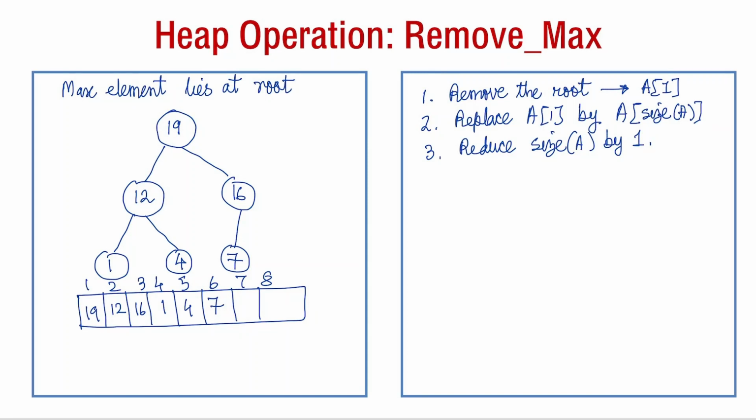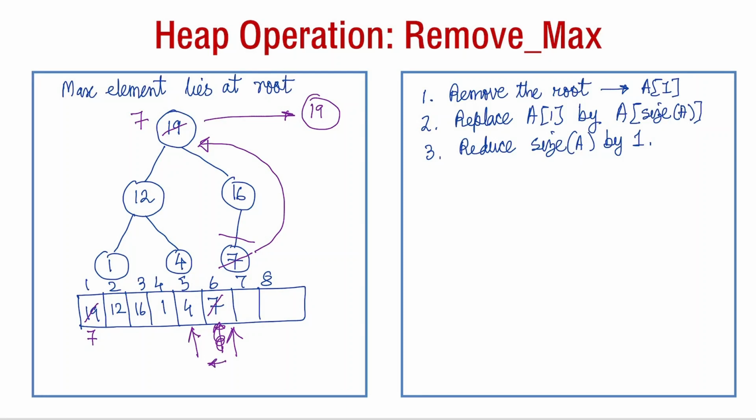Which means that in this particular case, 19 will be removed. This 7, which is the last element here, will come and replace this. The size of the heap will now get reduced to this.